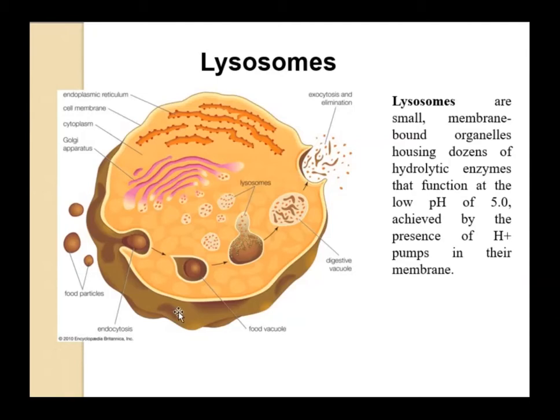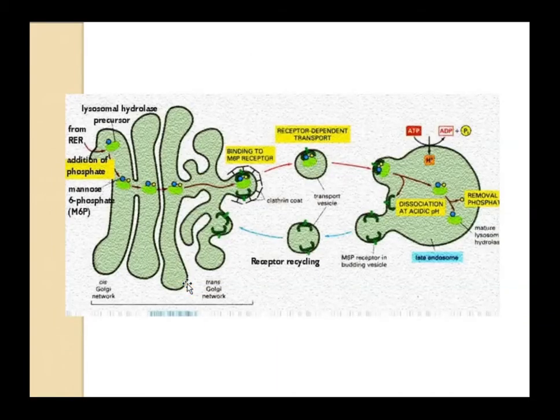The lysosomal proteins, we know that they are produced in the Golgi complex. We will emphasize something here which we need to know for understanding the lysosomes. Here we are looking at the RER.